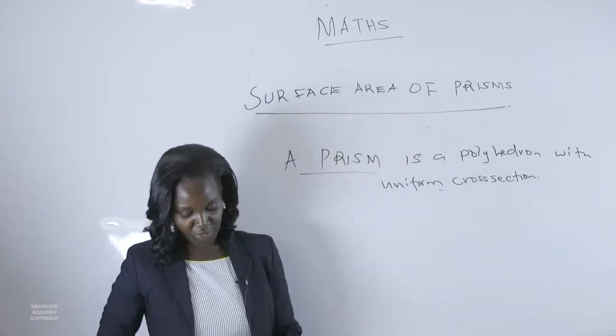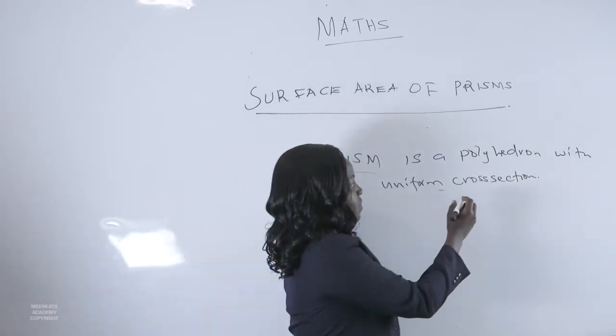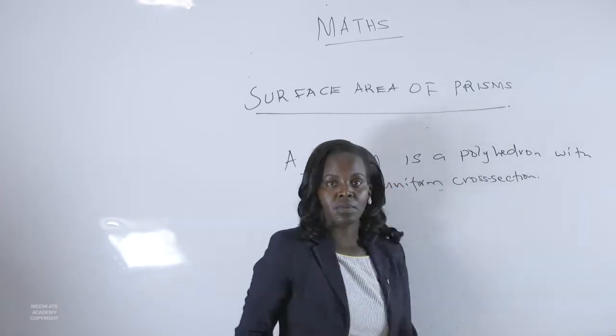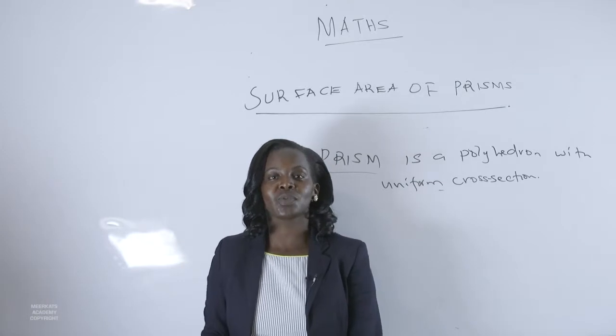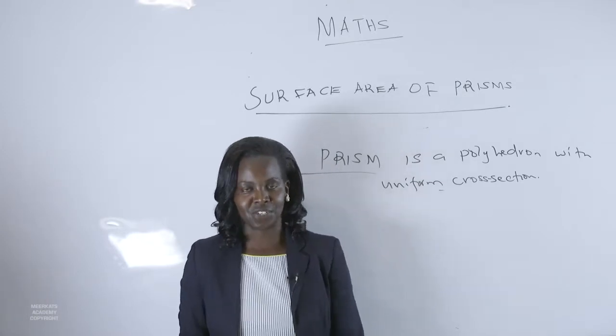It's a polyhedron with a uniform cross-section, meaning it has many surfaces, but it also has what we call a cross-section.